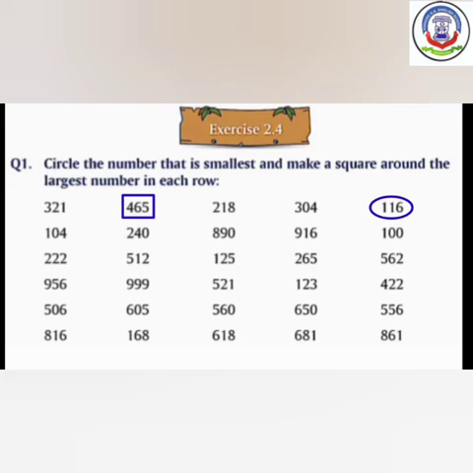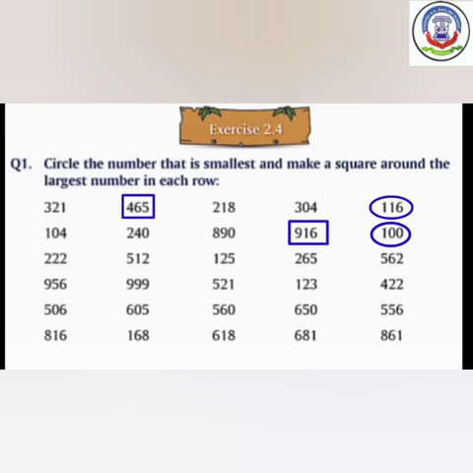Observe the second row. Here the smallest number is 100. So we will circle 100, and the largest number is 916. So we will make a square around 916. Third row. The smallest number is 125.